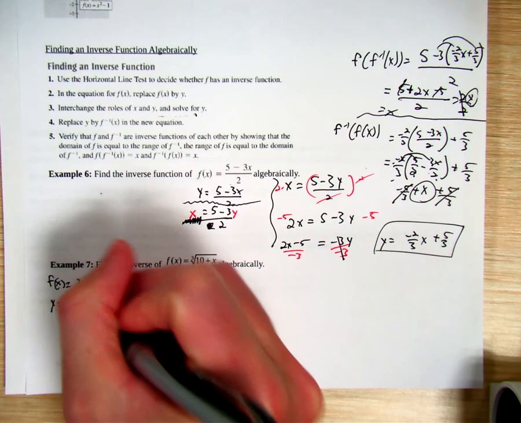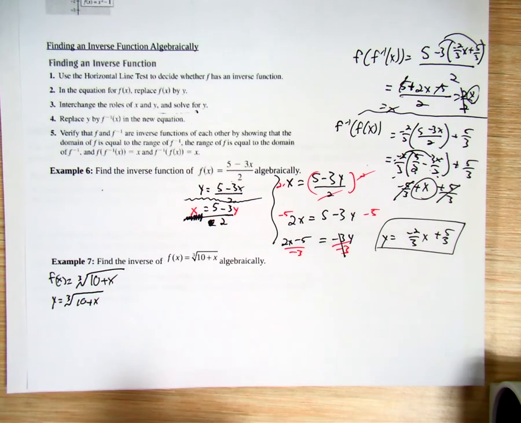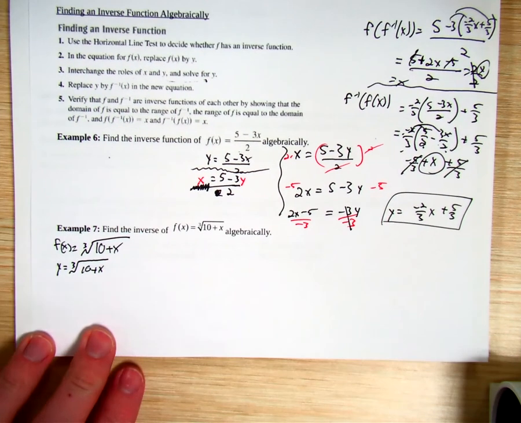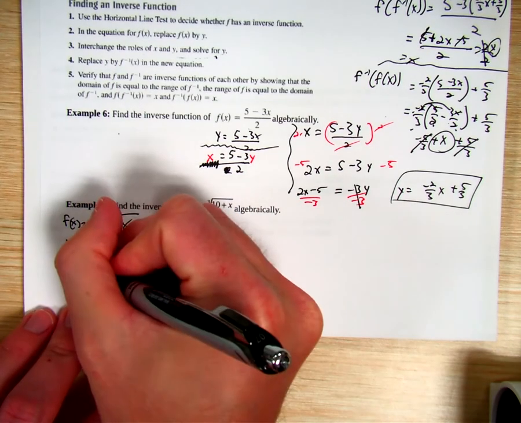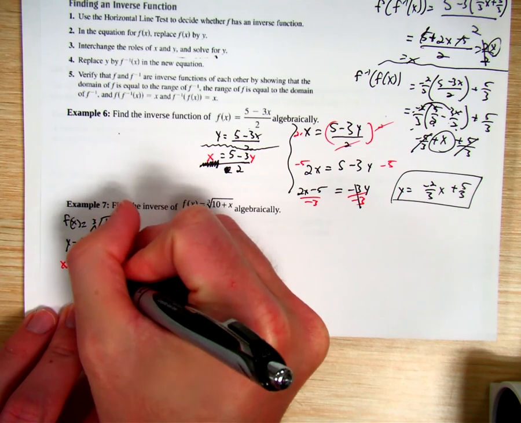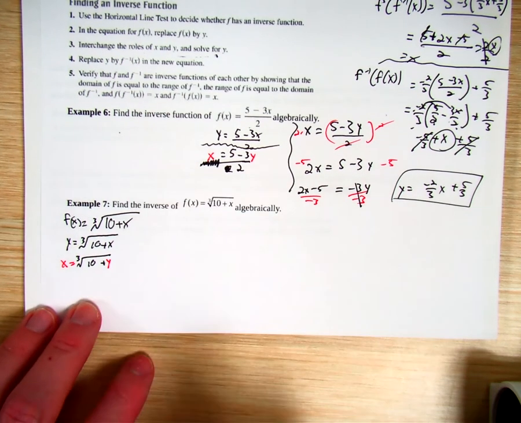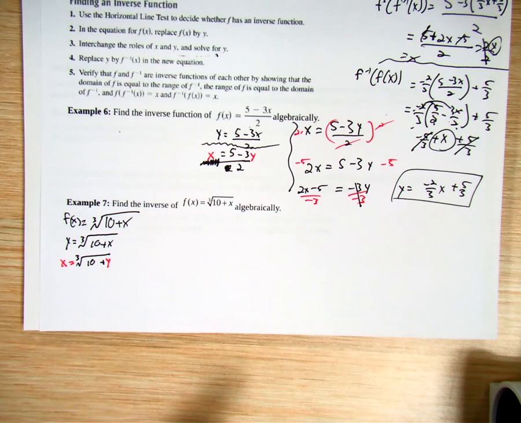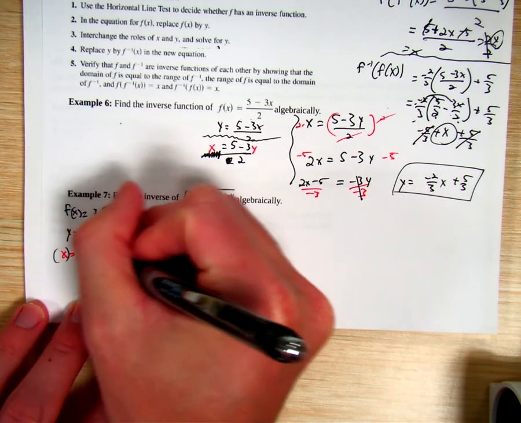All right, y equals cube root of 10 plus x. Switch the x and the y. x equals cube root of 10 plus y. Now get y by itself. Solve for y. I have a big cube root going around everything, so I'm going to cube both sides.